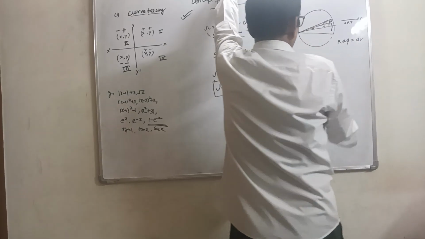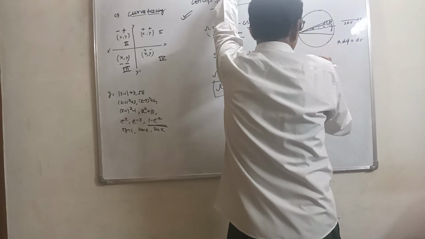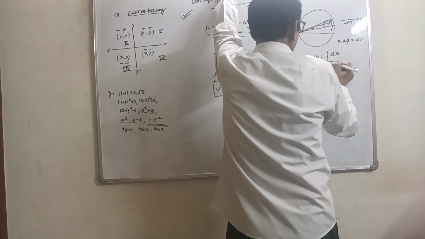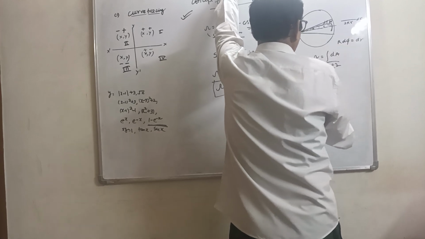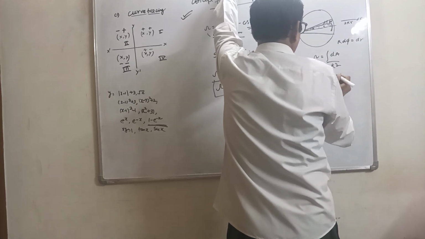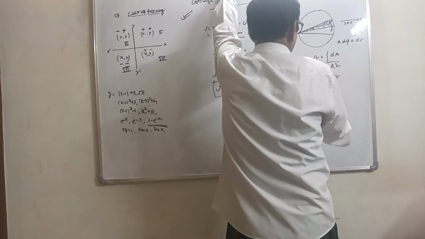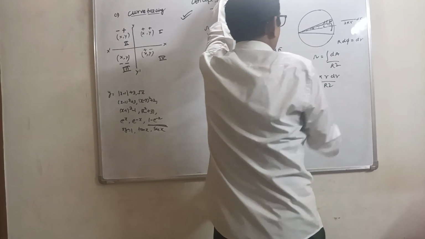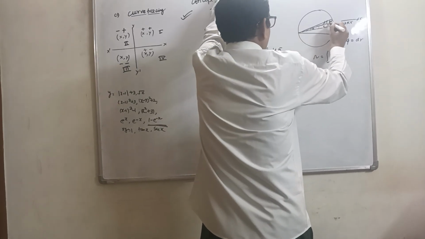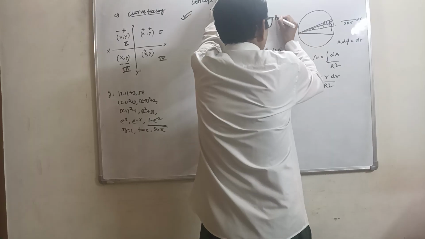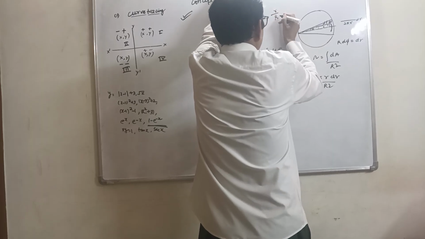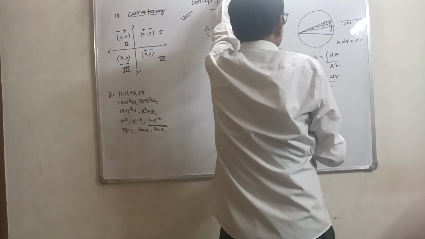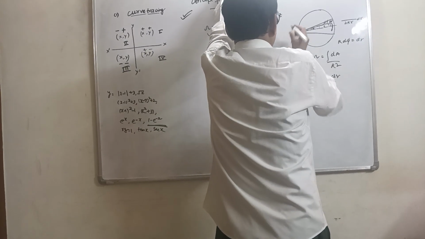We know the solid angle would be the integral of dA upon R square. dA would be 2 pi r dr, and R square, with limit 0 to theta. This is the solid angle. Here r by R would be sine phi.